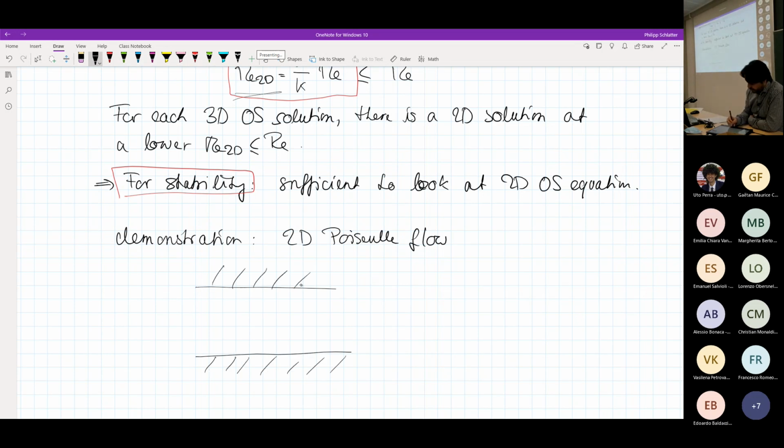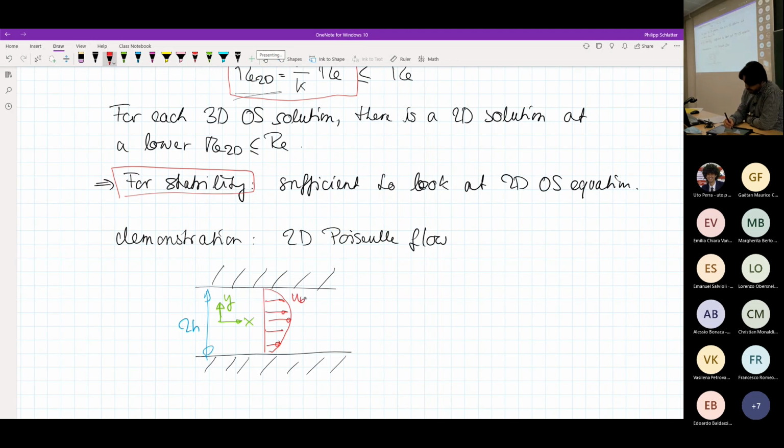We had two walls, and there was a distance here, which was 2h. I had a coordinate system, which has its origin in the center, and the x direction was like this, the y direction was like that, and I had a mean velocity profile, that's what we calculated, which looked like that.